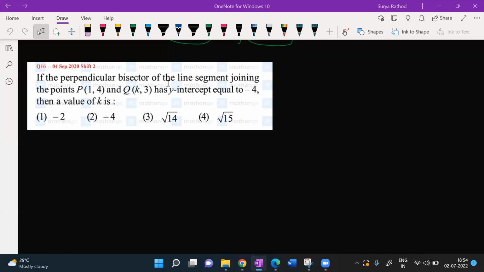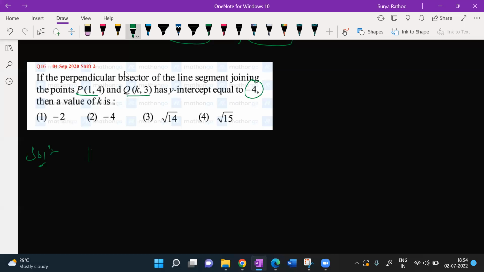Guys, we need to find out the k value. Very simple here. What is the question given to you? If the perpendicular bisector of the line segment joining the points has y-intercept equal to minus 4. The value of k is what?